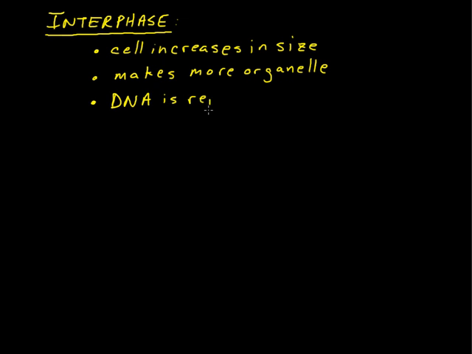In other words, it has to be copied so that each offspring cell ends up with its own complete copy of the so-called owner's manual. So once all three of these things have been accomplished, a cell is now ready to undergo what is called nuclear division, or mitosis. Now, mitosis gets broken into several different phases, and each phase has its own name.